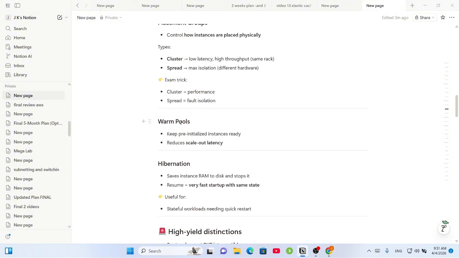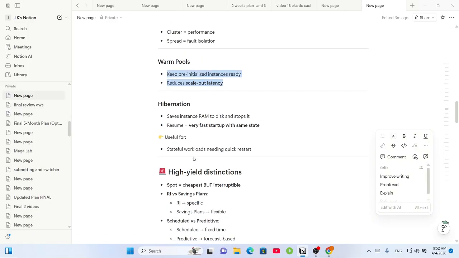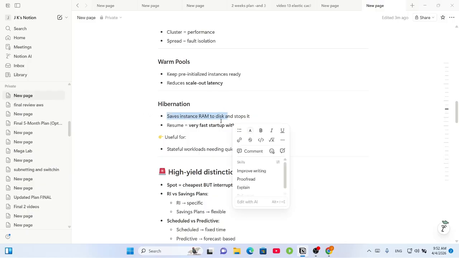Warm pool keeps pre-initialized instances ready and reduces scale-out latency. Hibernation saves the instance's RAM to disk and stops it. On resume, very fast startup with the same state.